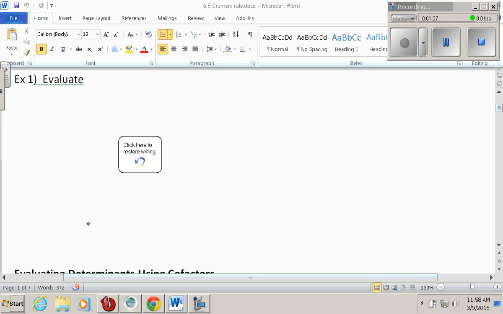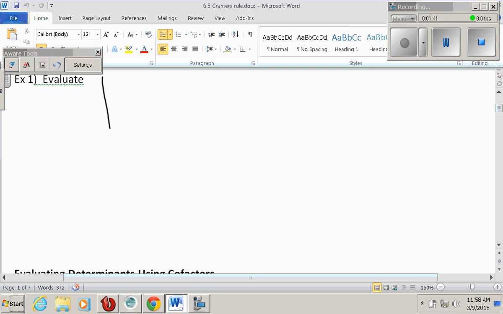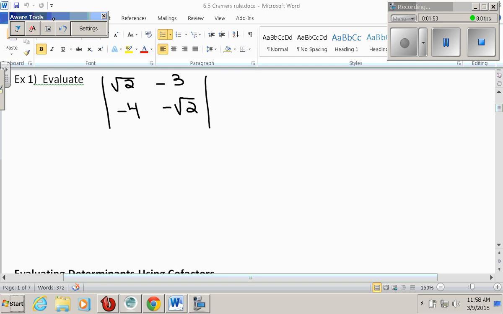All right, so example 1 says we're going to evaluate the determinant here. Again, we're using that ad minus bc. So the math is not hard.